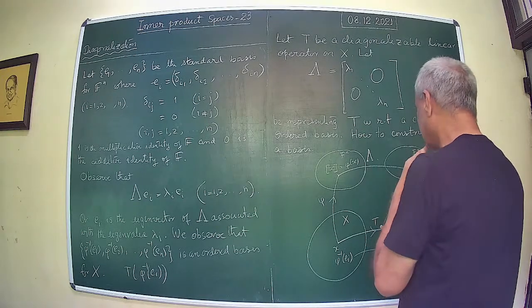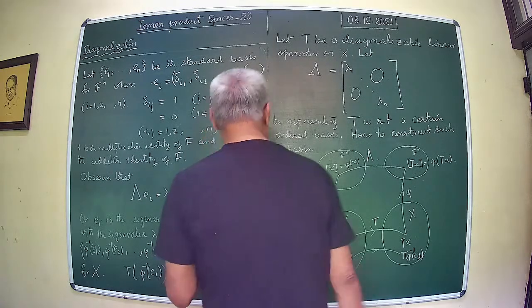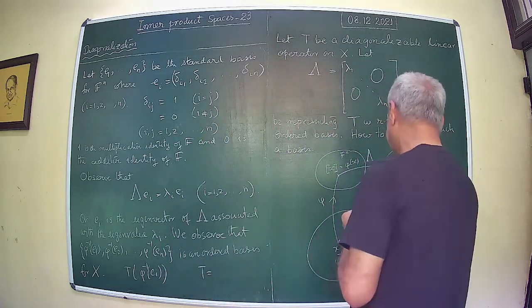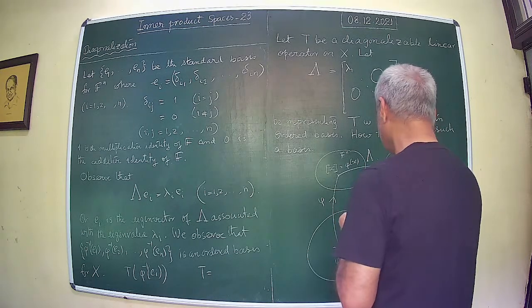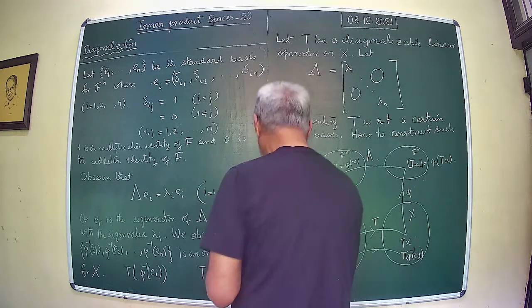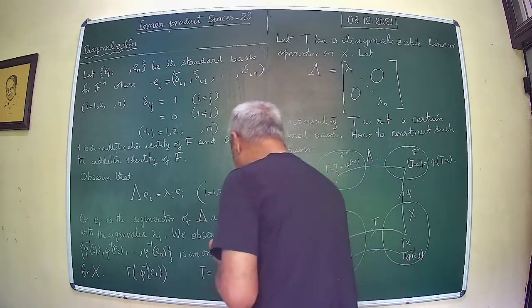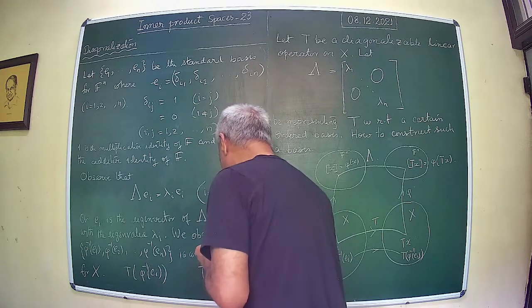Then see, T is essentially what? T is equal to, first apply phi, then apply lambda, then phi inverse.